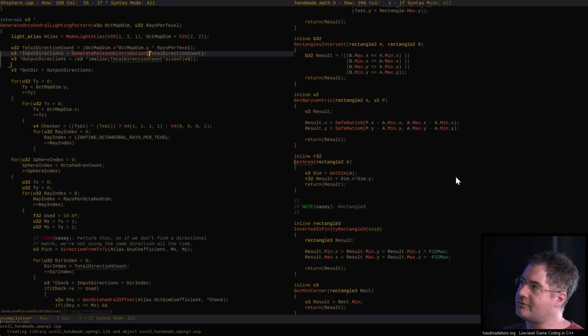Now, a random distribution over the sphere is going to, on average, give you 1/64 of the rays on each texel if it's 8 by 8, right? But the problem is, if you actually look at any given texel, it's going to be off by 1 in either direction, because it's random.